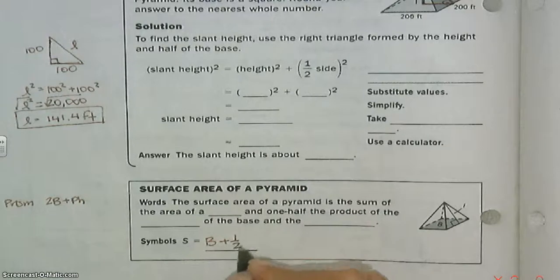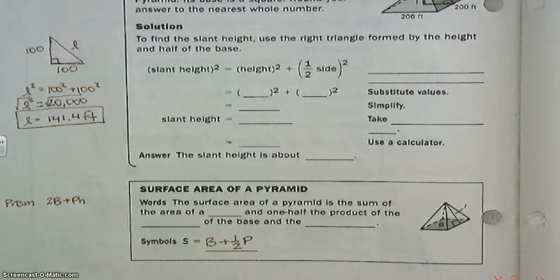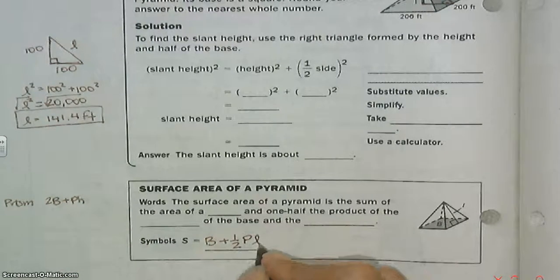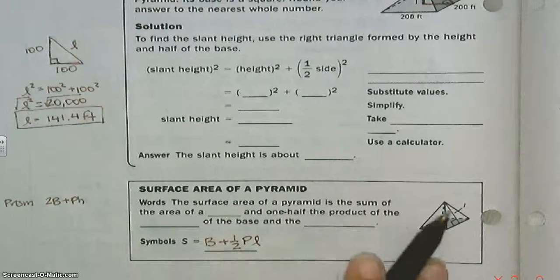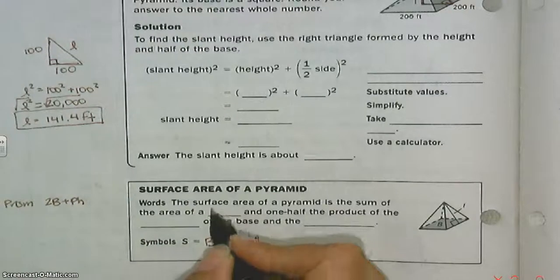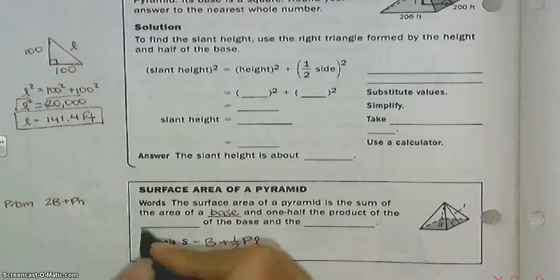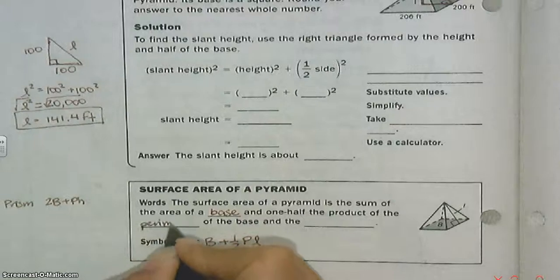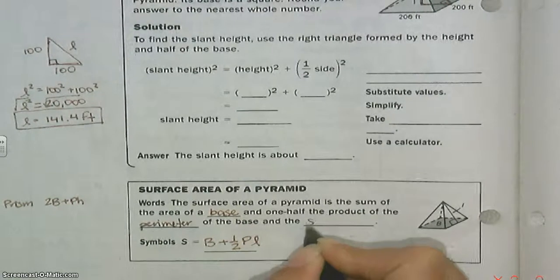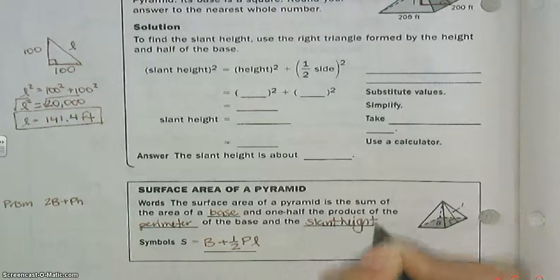So 1/2 the perimeter, so very similar, but instead of regular height, we're going to use slant height, because that's what's on the triangle. So it's the area of the base and 1/2 the product of the perimeter and the slant height, or leaning height.